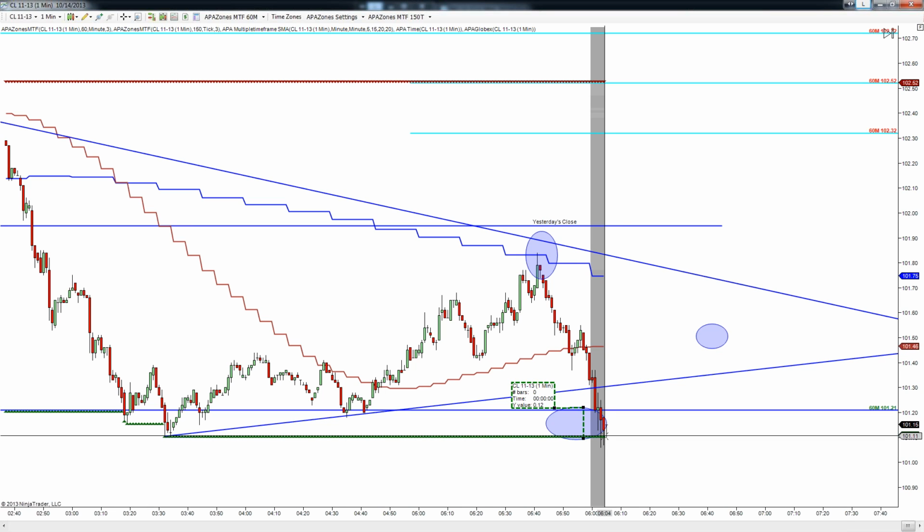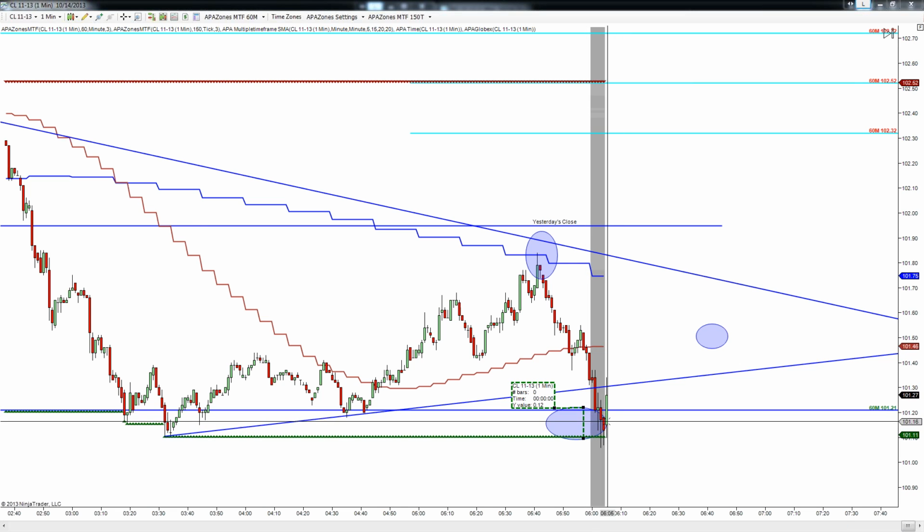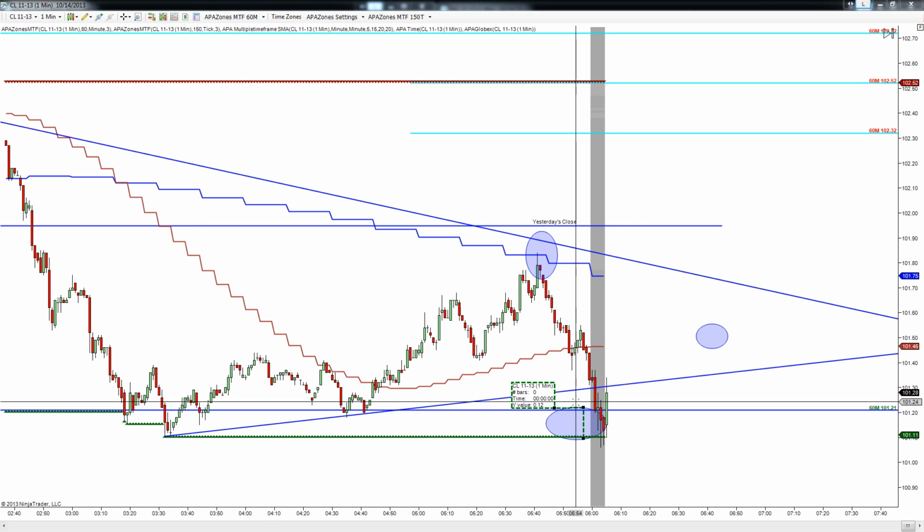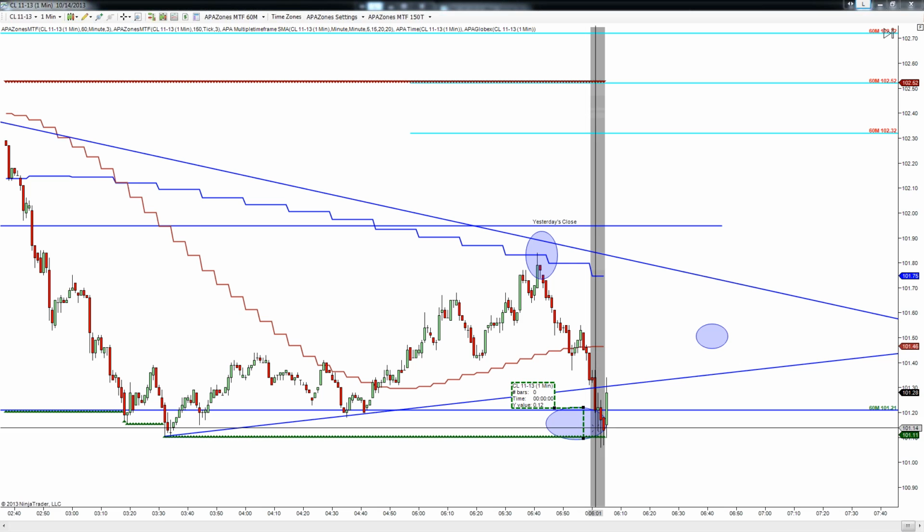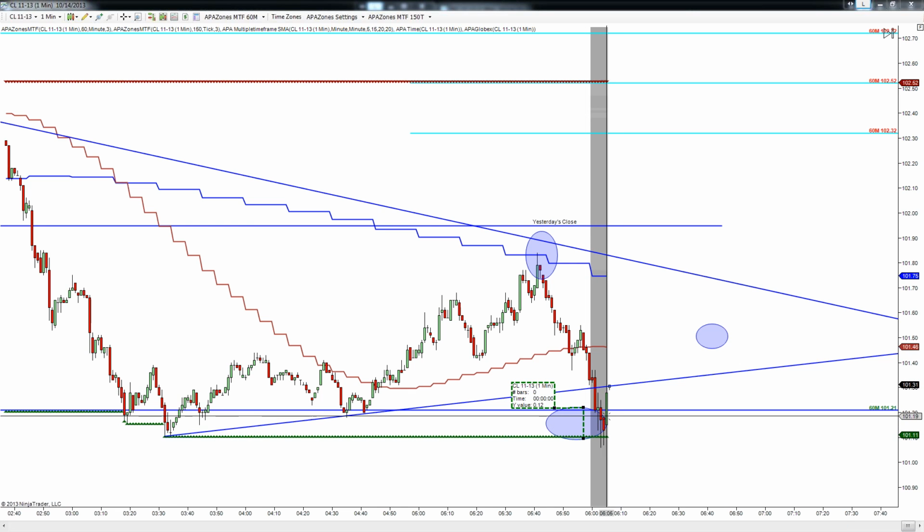That was red. And then we have the launch to the upside, so last bar was inside, and there you go.